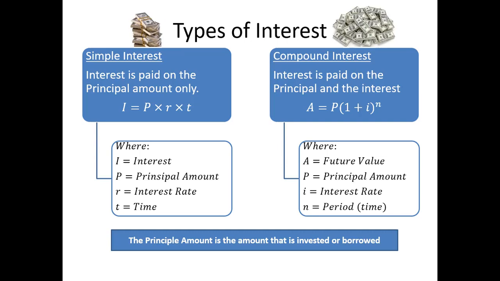P remains the principal amount. Now we write the interest rate as i and not as R. And we write the period as n, where previously we wrote it as T in the simple interest formula. Remember that the principal amount is the amount that you are investing or that you are borrowing.